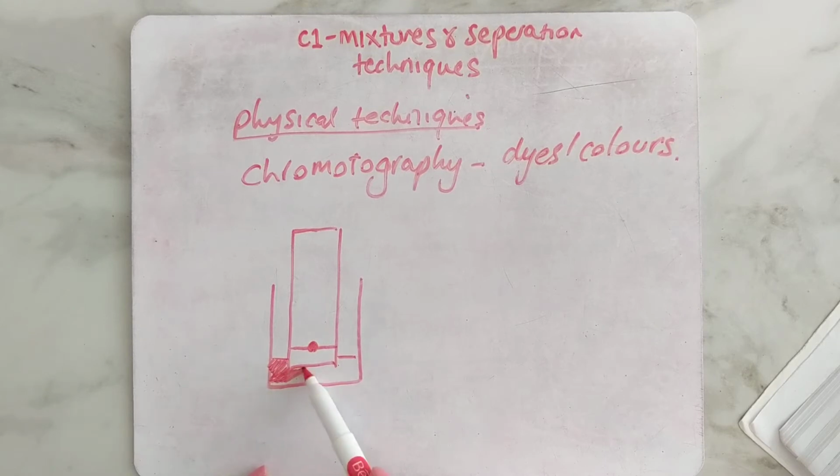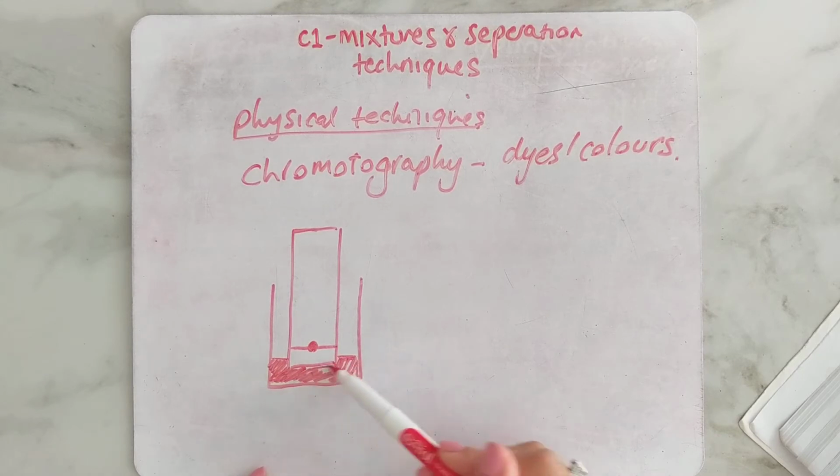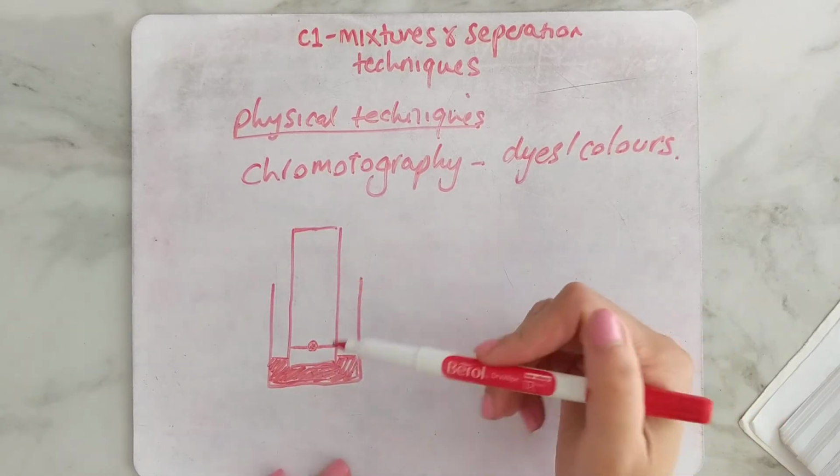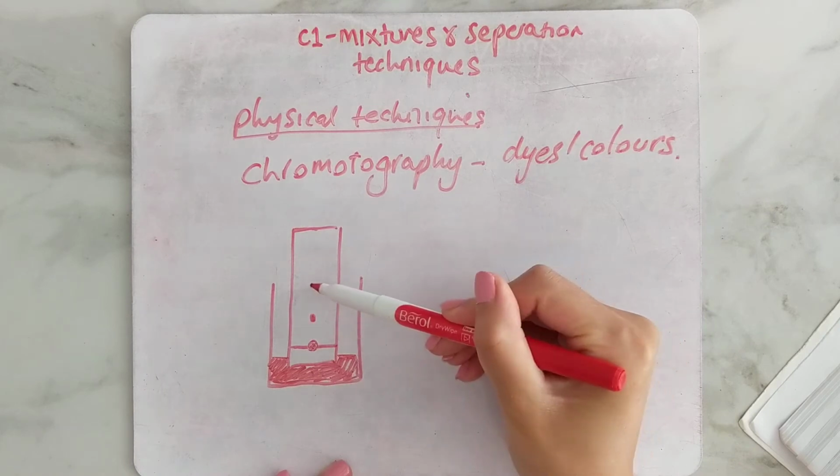So let's say it's sitting in some water below the pencil line that you've made. Okay, and what's going to happen is the solvent is going to be carried up the chromatography paper, and it's going to take the dot, the different colours, it's going to separate out whatever different colours this dot is made of up the paper. And as that happens, you will get different dots.